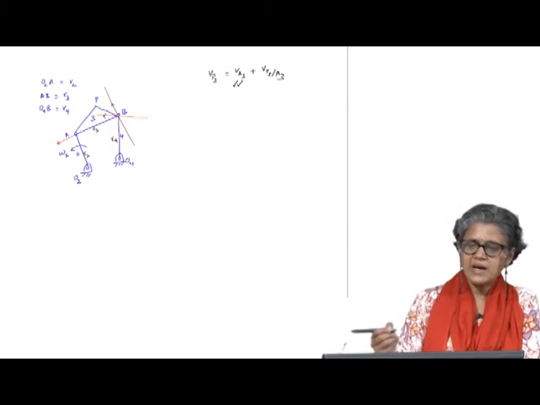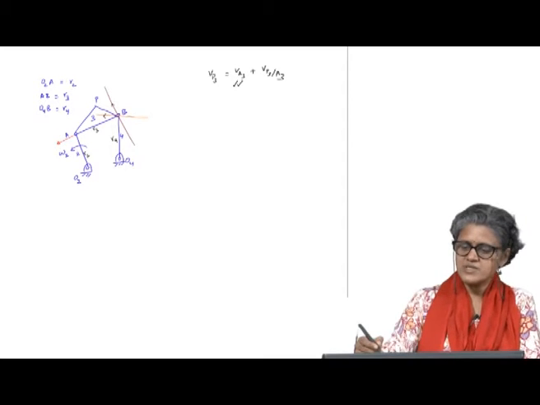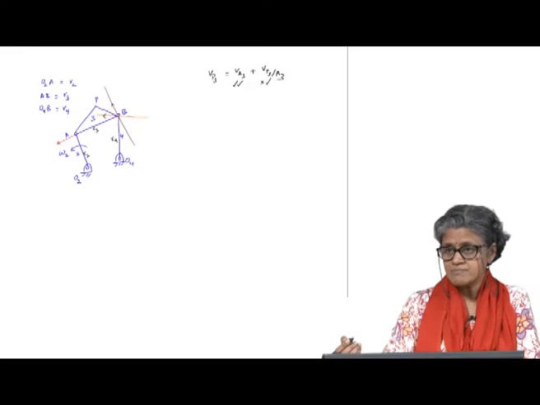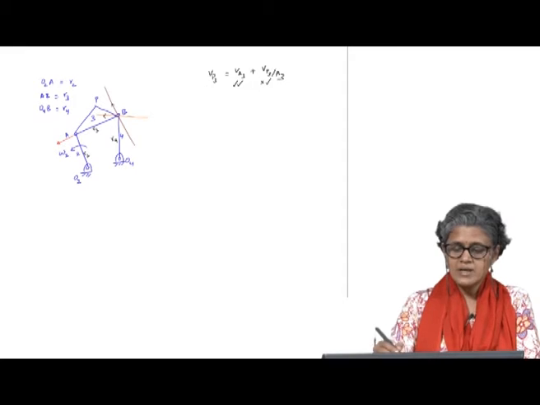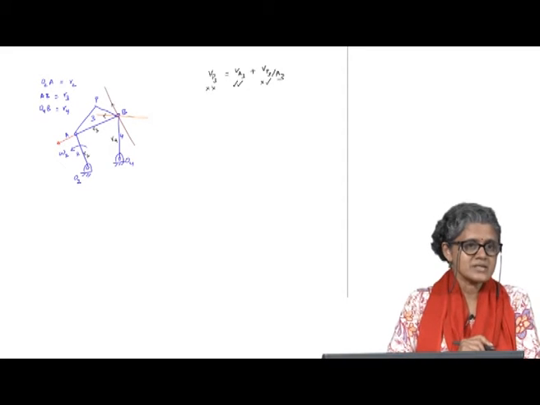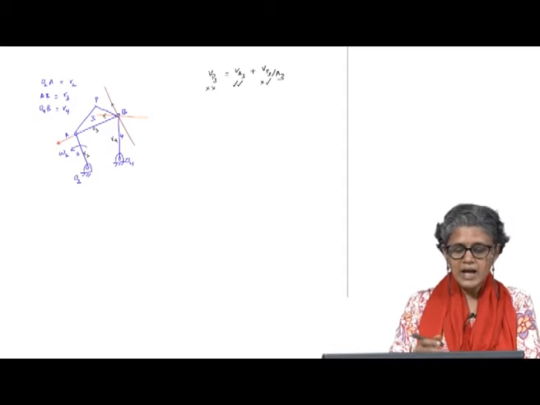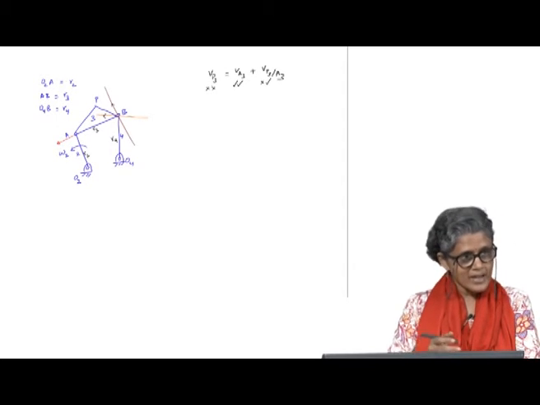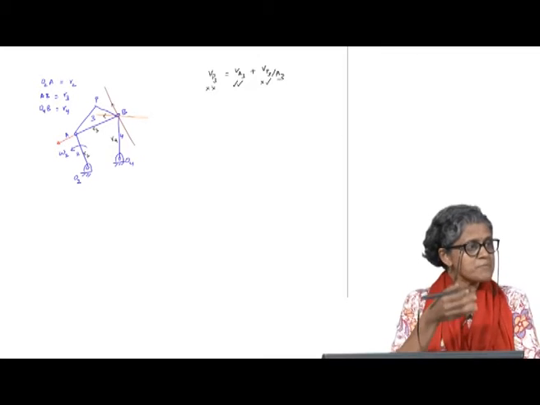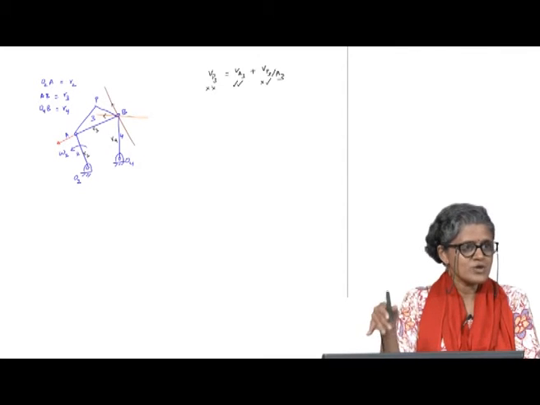Again, I know both magnitude and direction of this. Here again I do not know the magnitude, but I know the direction of both, as they are points on the same rigid body. In this case, with P I neither know the magnitude nor do I know the direction. So, I have to look at another point on the same link about which something is known in order to be able to solve this.